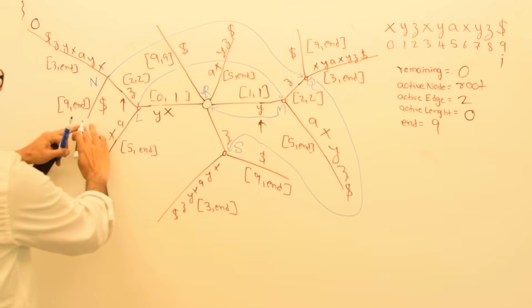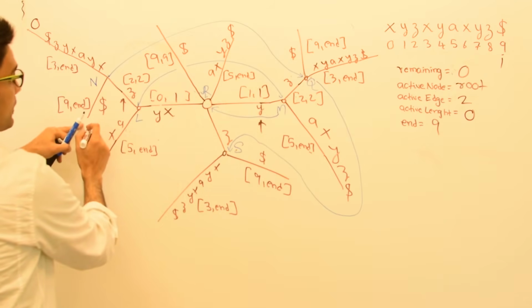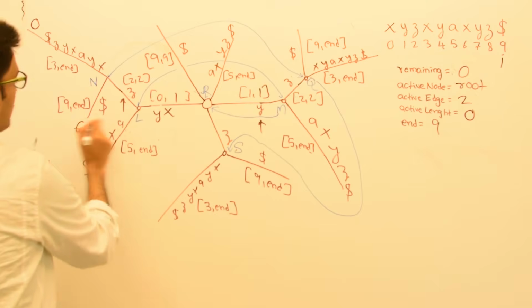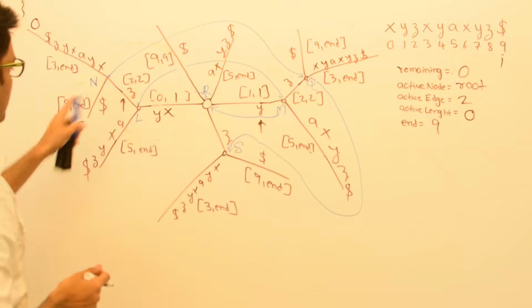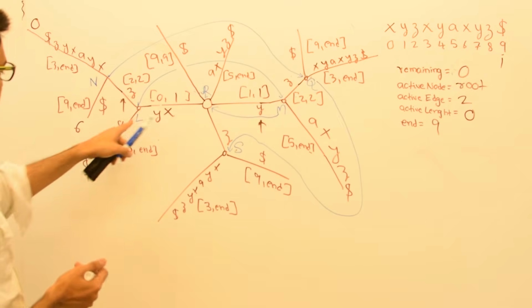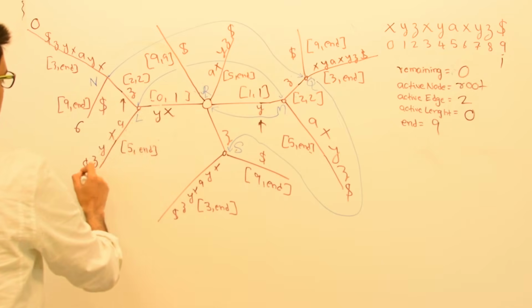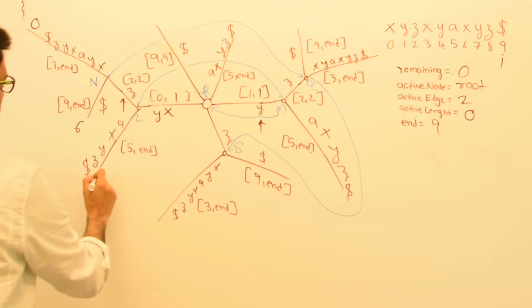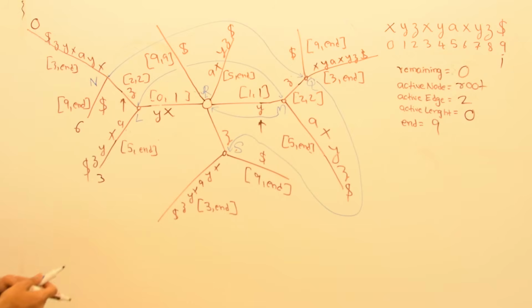So this one will be 10 minus 4, which is 6, which is this string XYZ dollar. Then as part of the same DFS traversal, we'll go here. This count is 2, 3, 4, 5, 6, 7. So this is 10 minus 7, which is 3. So that's representing this suffix.